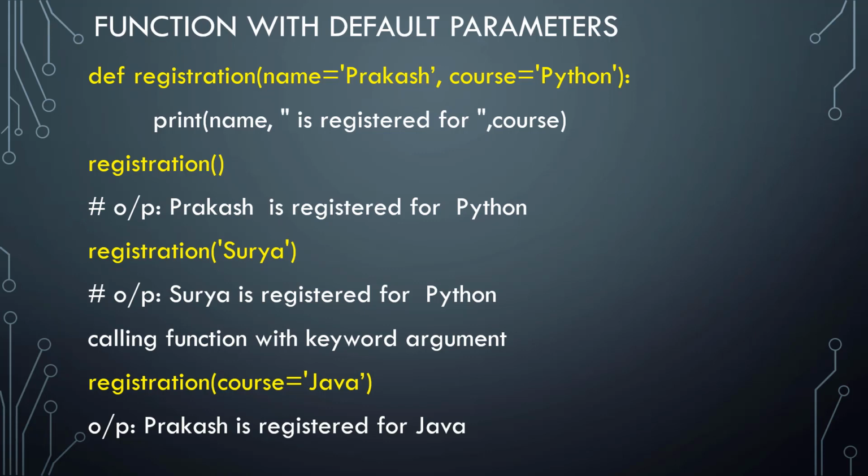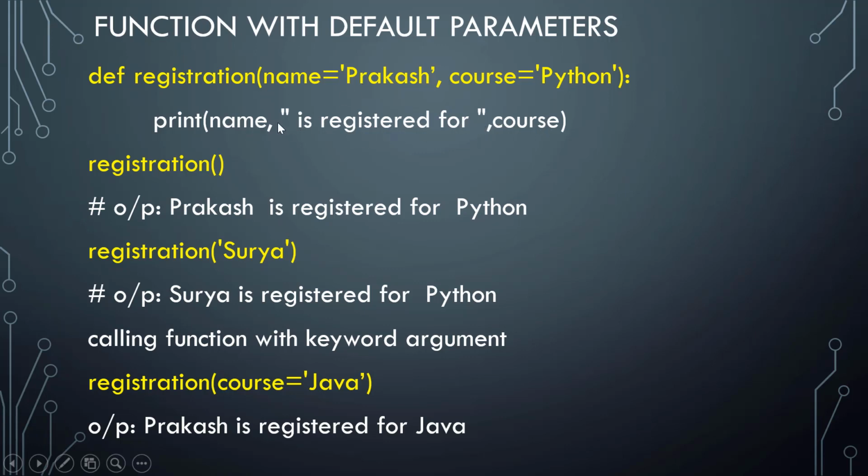But right now, what I'm talking about are default parameters, which are optional parameters. So, def registration, I'm passing name is equal to Prakash, course is equal to Python. Print name is registered for course. So, in place of name, what value will be printed? Prakash will be printed. Is registered for what? Python course.